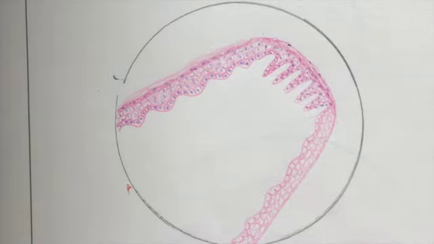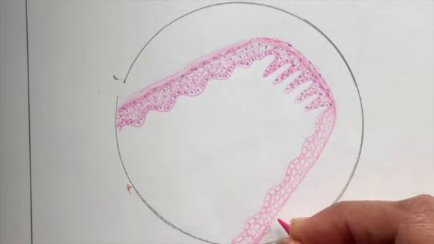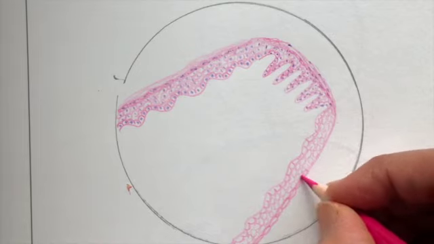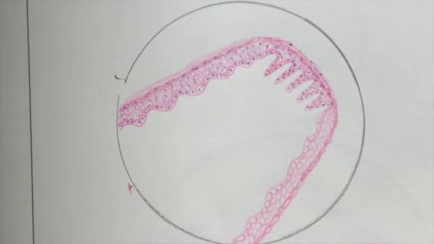And draw a nucleus for this. This is the area where, of course, you will be drawing the surface layer too. This is the non-keratinized part, so you will not be drawing any keratin on top.